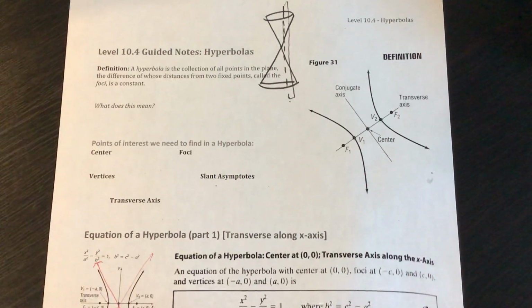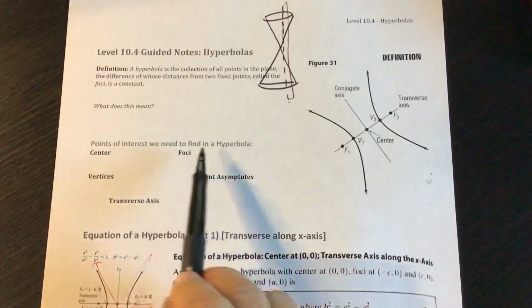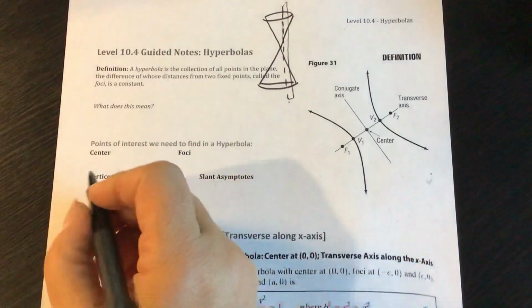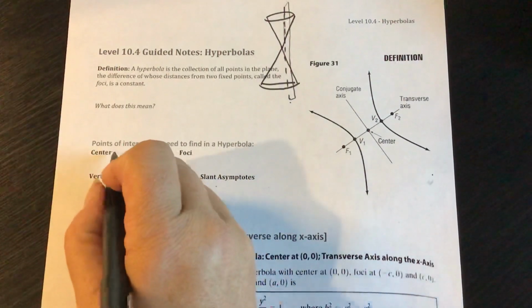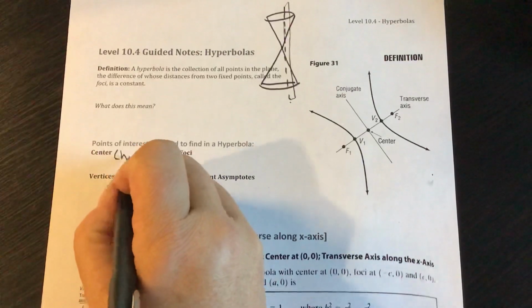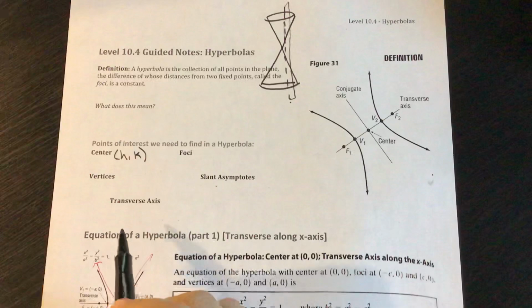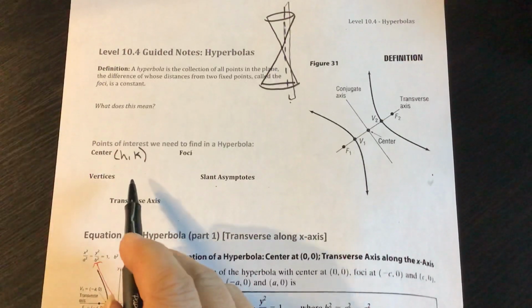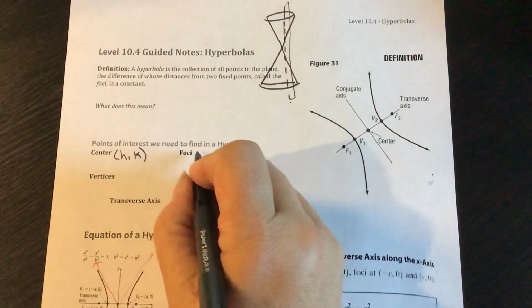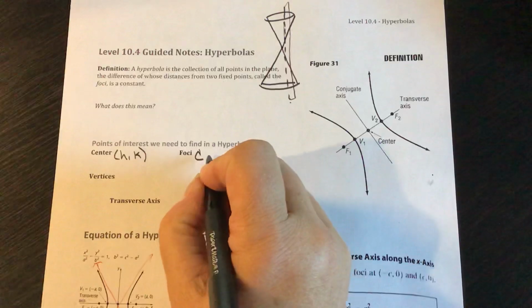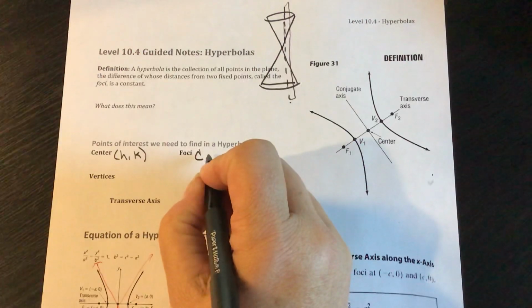make up a hyperbola. And the points of interest that we're concerned with is first, the center. We're going to work with H and K as our center. For today, we're going to only work with center at the origin. The foci are the C values, just like when we were working with ellipses.